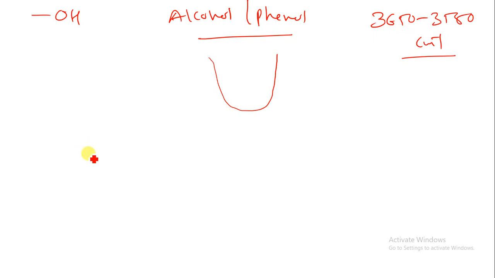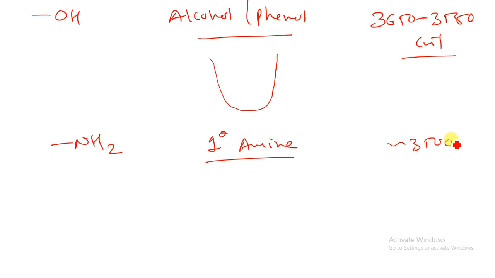Now when we have an NH, and when we have a primary amine, NH2, we will get two bands at nearly about 3500 centimeter inverse. An amine will give a sharp peak as compared to the OH. Primary amine gives two peaks in the IR spectra region.